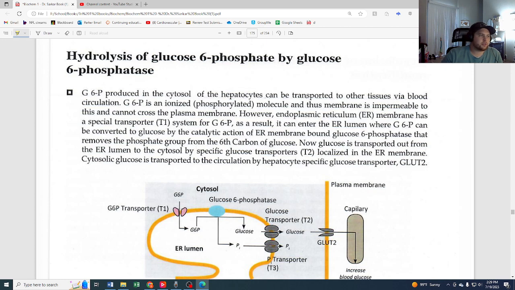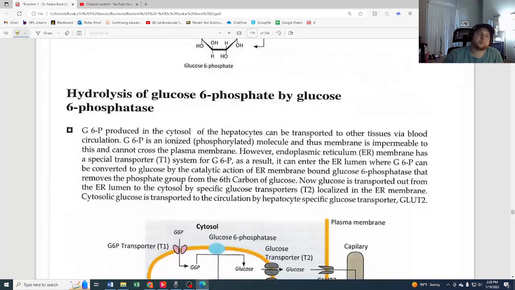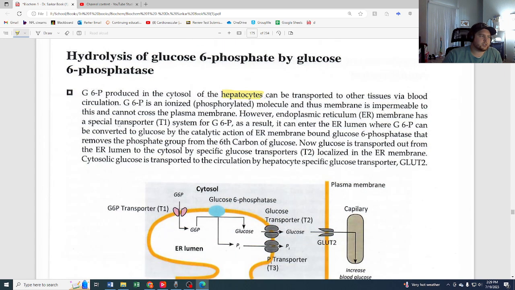Now, hydrolysis of glucose 6-phosphate by glucose 6-phosphatase. Remember, we have to get our G6P back to regular old glucose. This is specifically in the liver, because the muscle is not going to be leaving the muscle tissue at all. In the liver, G6P produced in the cytosol of the hepatocytes can be transported to other tissues via blood circulation.